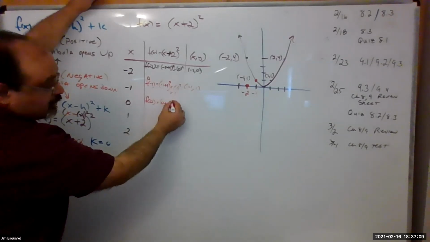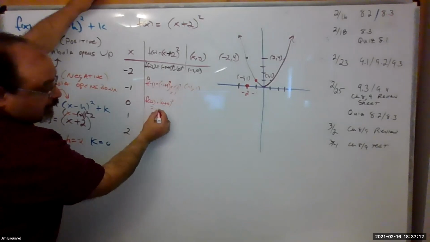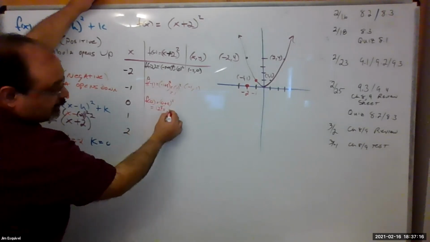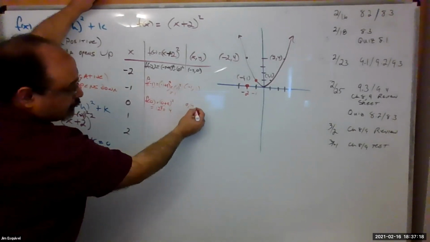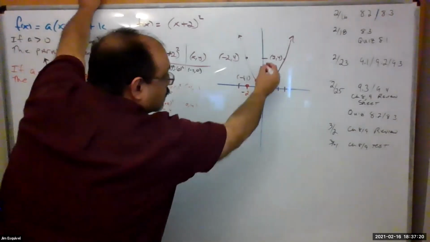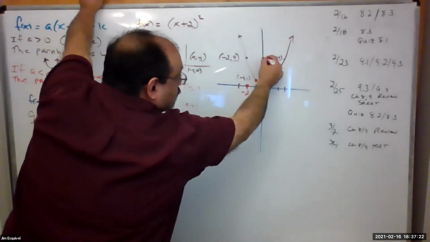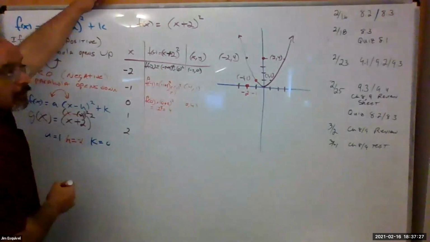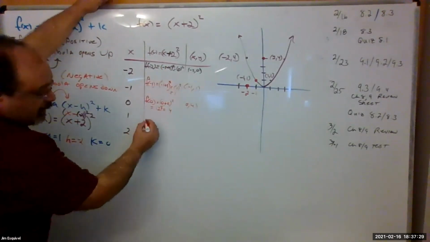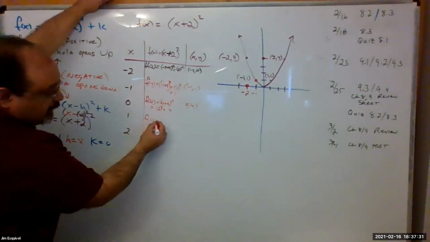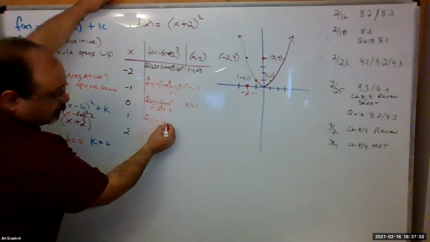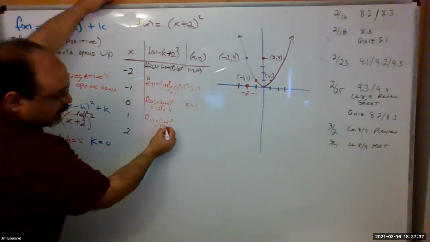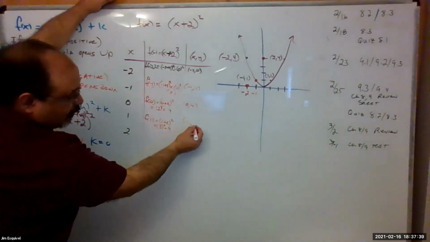When you plug in 0, 0 plus 2 squared is 2 squared, so we get 4. And if I plug in 1, it's going to be off my grid. 1 plus 2 is 3, and 3 squared gives me 9. When I plug in 1, I get 9.